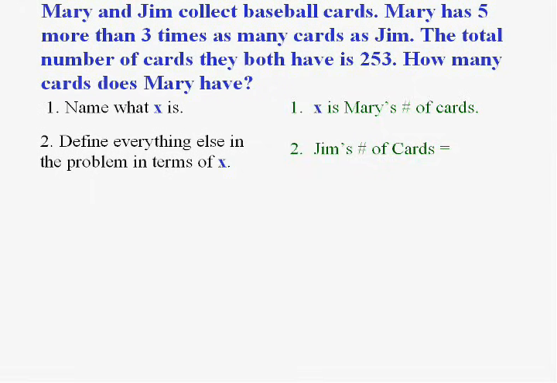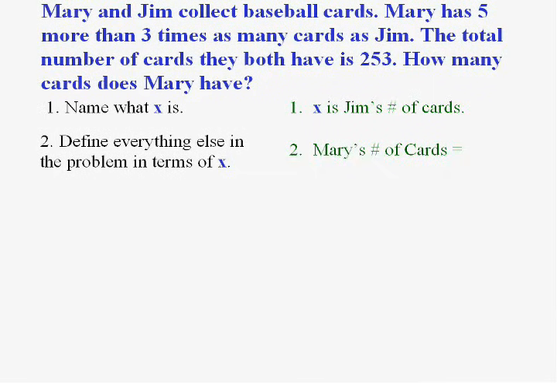So it looks like, and this happens sometimes, I'm going to have to back up and let x be Jim's cards and define x in terms of Jim's cards, and in step 2, I'll define Mary's cards. So sometimes, if you get confused, back up and let x be the other person or the other thing.